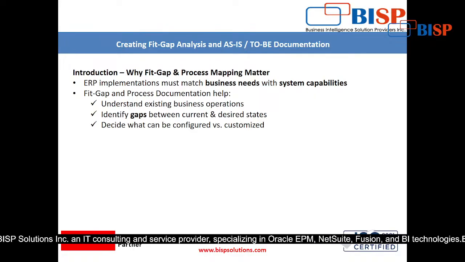I will explain in very simple language. Suppose I come to you and I want to sell my product. First of all I will understand what your existing business is. Let's take an example of P2P, procure to pay, where I'm selling you NetSuite.